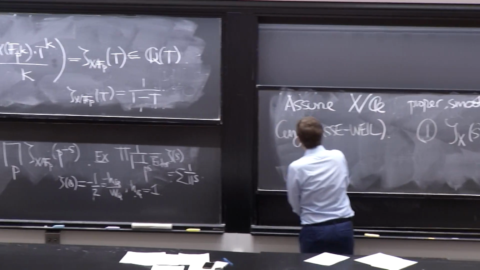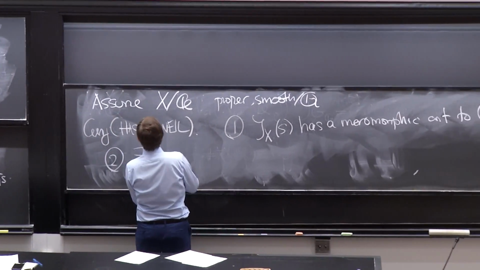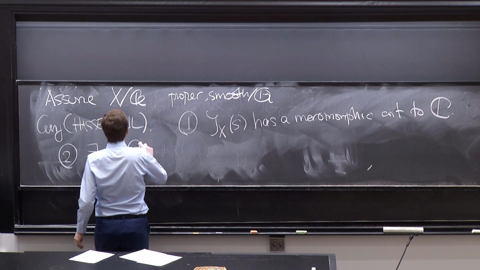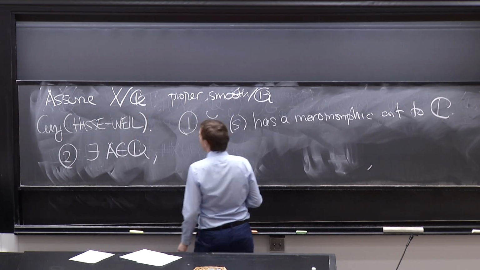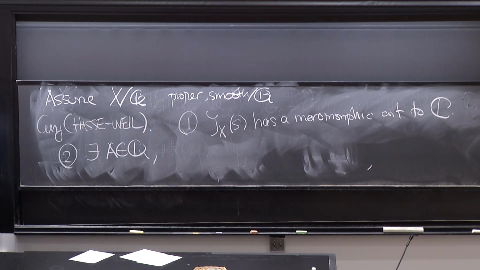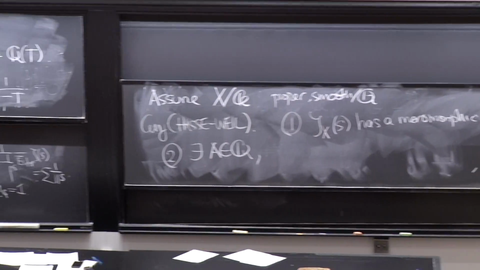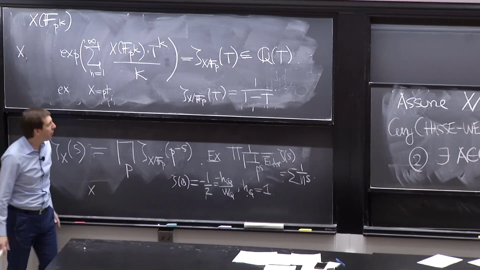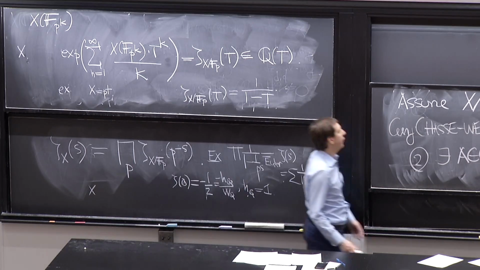So part two is that there exists a rational number A. In this construction, I was a little bit uncareful about what happens for small primes, so we have to be a bit careful for small primes.